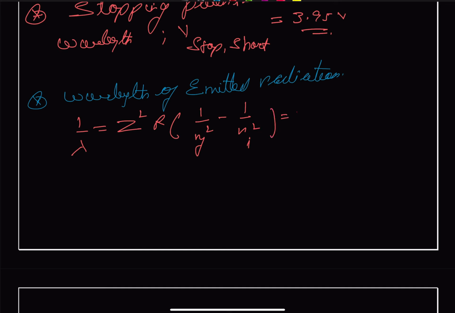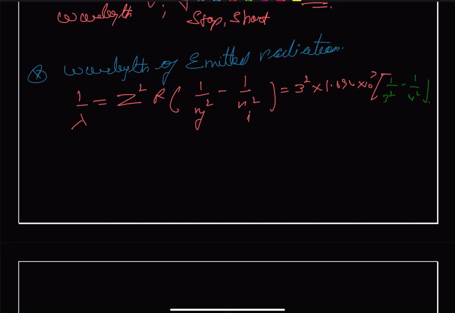Z is 3, so this comes as 3 squared. Rydberg is 1.094 × 10^7, times (1/3 squared minus 1/4 squared). So we get our lambda short approximately equal to 209 nanometer.